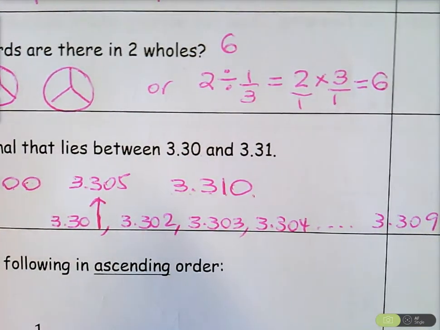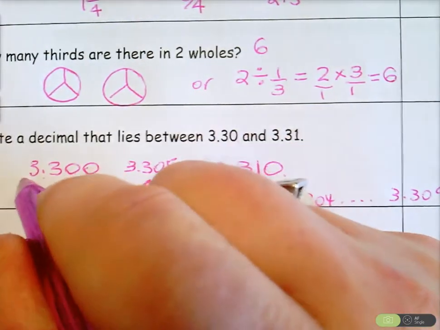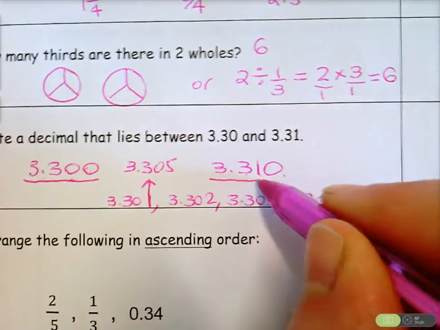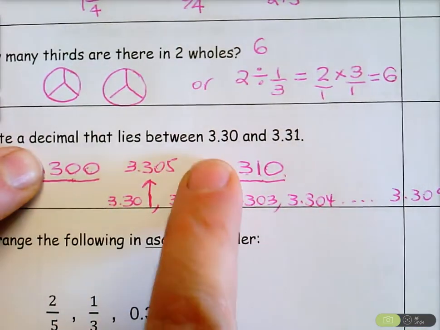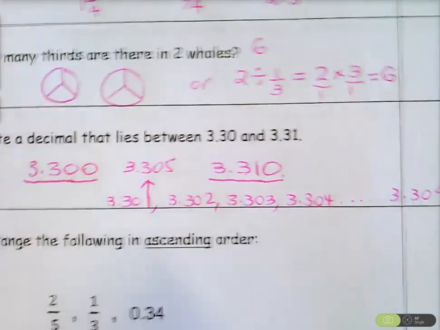Any of those. We chose the number exactly halfway between. So the key is to add the extra 0 onto the ends, sort of cover up the whole number bit, and then you're looking for numbers between 300 and 310.